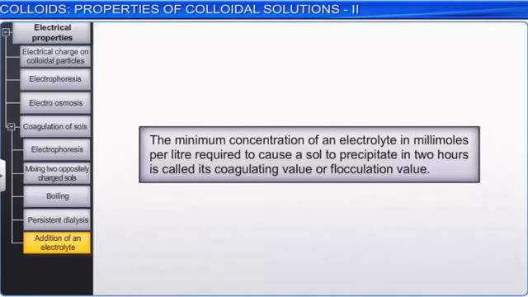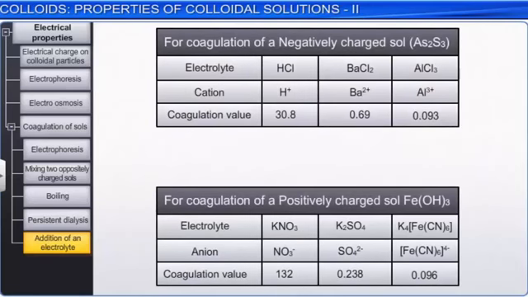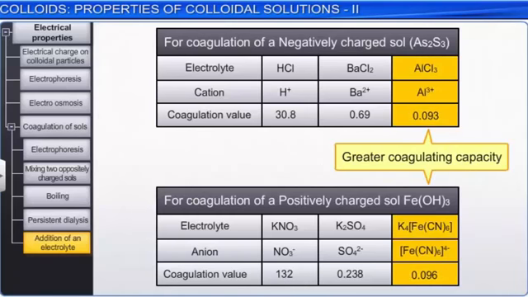You can see from the table that the Al3+ cation and the [Fe(CN)6]4- anion have extremely low values of flocculation value. Therefore, they exhibit greater coagulating capacity as compared to other ions in their category.